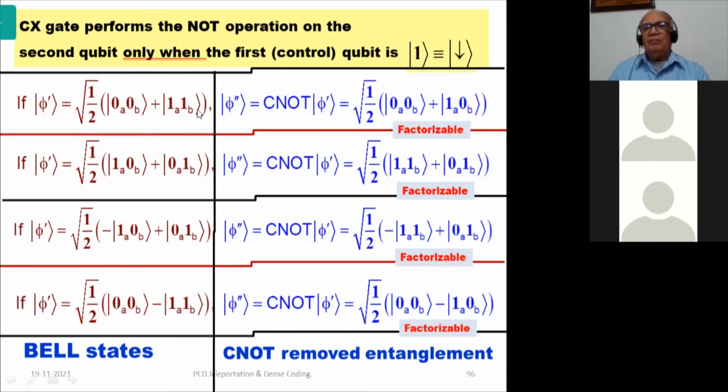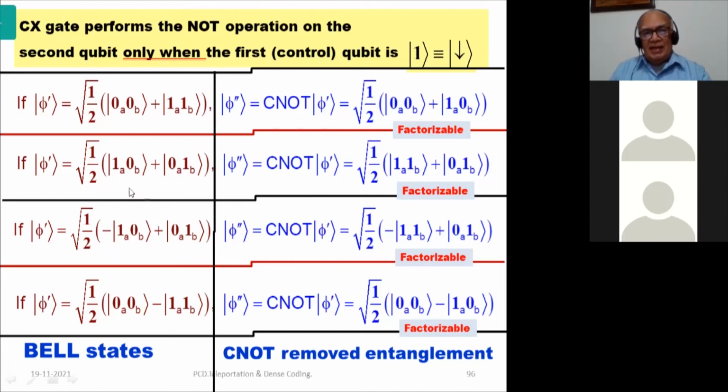This is a Bell state, but not after it is operated upon by a control NOT gate. The control NOT operation is removing the entanglement. So the control NOT destroys the entanglement and gives you a 2 qubit vector, which can in fact be factored. So this is the result of the control NOT on this Bell state. You get a factorizable 2 qubit vector.